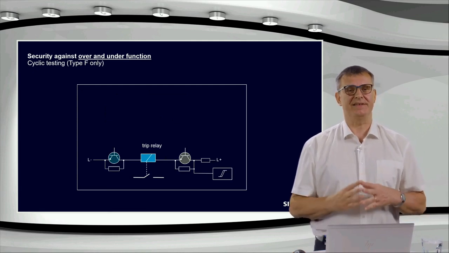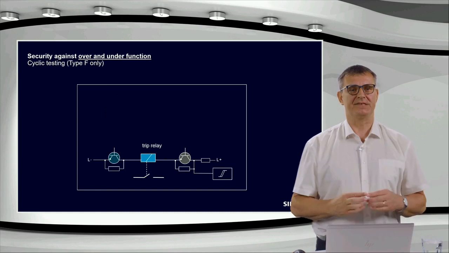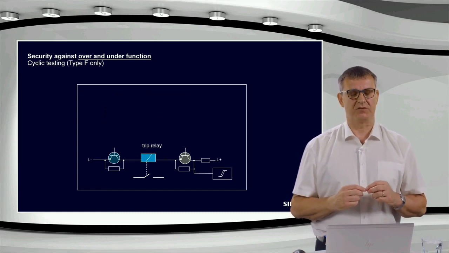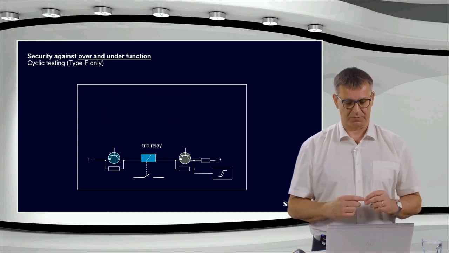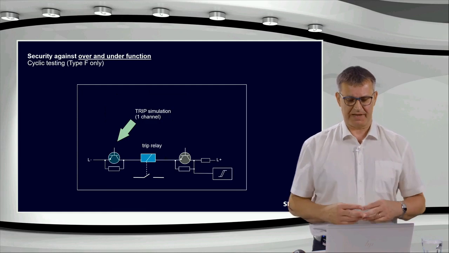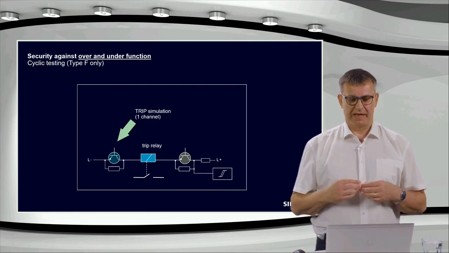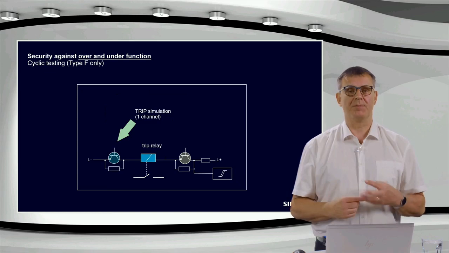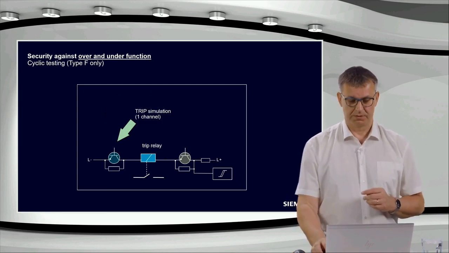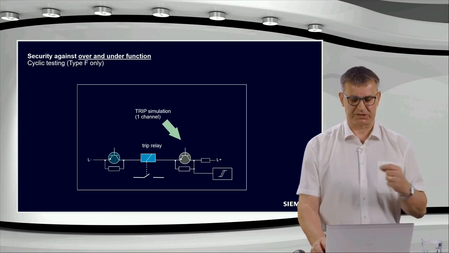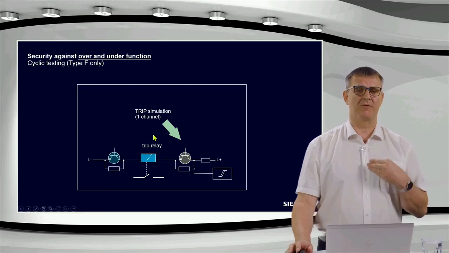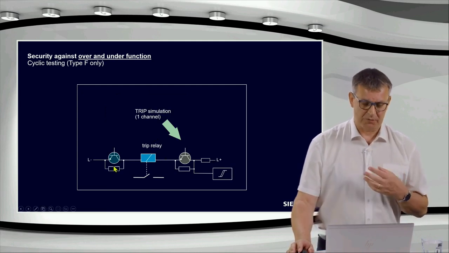And this is a cyclic testing, and this cyclic testing is implemented only for type F binary outputs. So we have once again our trip relay with a 2-channel activation, and cyclically we have a trip simulation of 1 channel separately: first channel, second channel. Of course, this is only a very rough schematic way to show it.